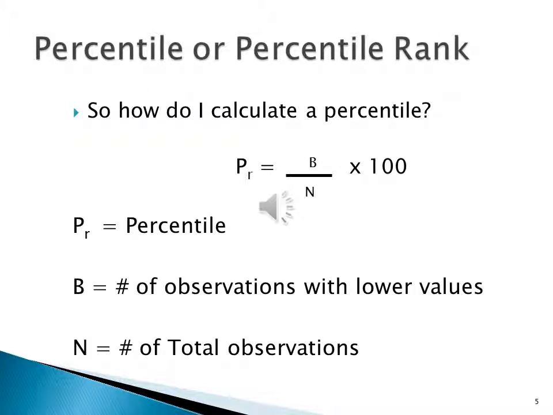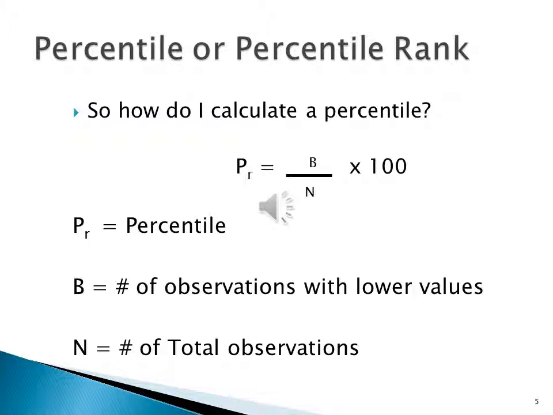Percentile or percentile rank is very simple to calculate. The percentile equals the number of observations or scores that are lower than whoever you're looking at, divided by the total number of observations, times 100. So if there were 50 people taking a test, that would be the N. The total number of observations would be 50 test scores.